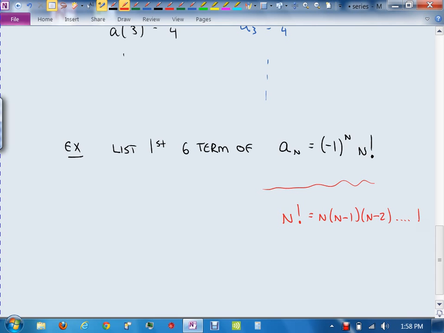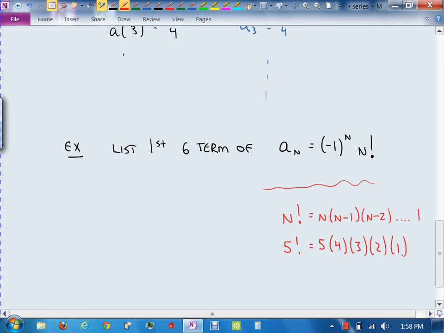So as an example, 5 factorial means 5 times 4 times 3 times 2 times 1. I'm not going to compute it, but that's what it means, okay?